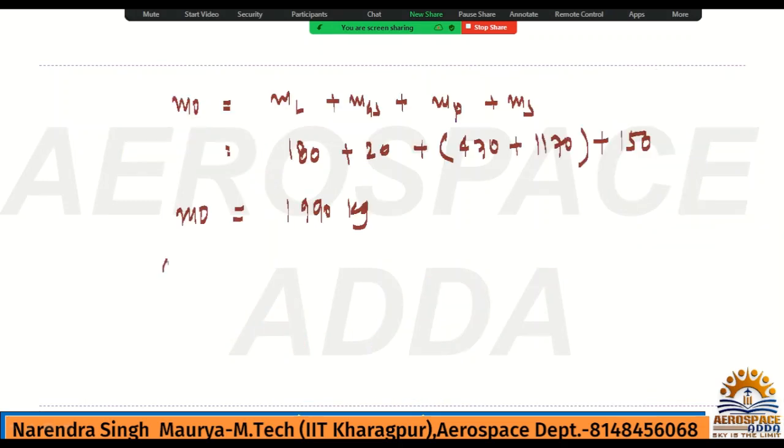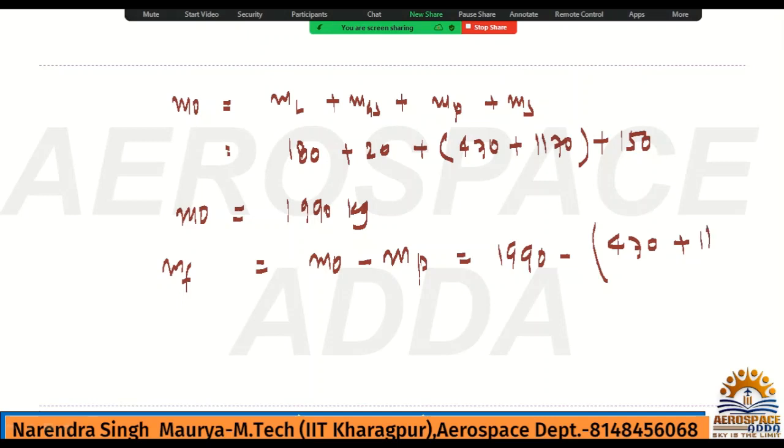So now we have the initial mass. Now we'll calculate m final. What is the m final? M naught minus mp. We have 1990 minus mp, which is what? This fuel plus oxidizer. So if you calculate m naught minus mp, which is final, minus 1170 minus 470, we have 350 only, 350 kg, right?